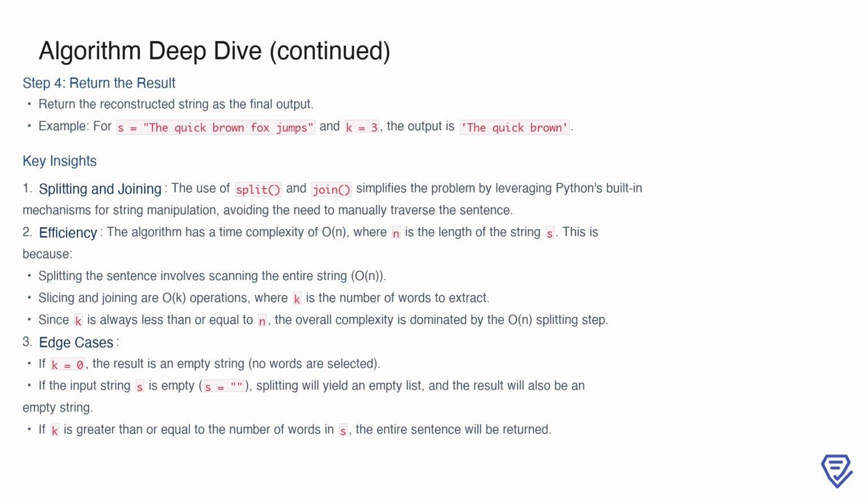This operation is also efficient, with a time complexity of O(k), as it only processes the selected words. Once the string is reconstructed, it is returned as the final output. For example, given the input S equals "the quick brown fox jumps" and k equals 3, the output would be "the quick brown". This straightforward approach is both simple to implement and efficient for this problem.